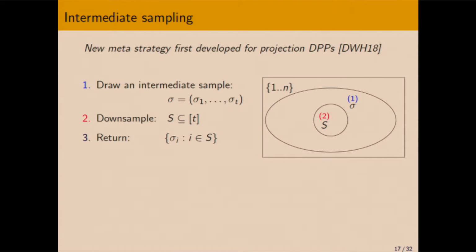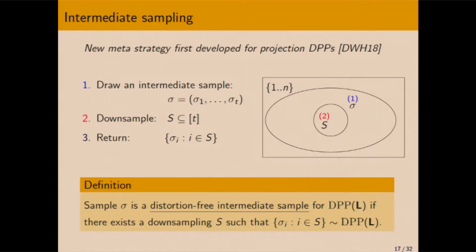And then we're going to sample from that sample, and return only the elements selected at the end. So there's a two-stage process. What we want is that sigma be a distortion-free intermediate sample, which means that in point 2, we have to have a way to sample out of sigma in such a way that the end result, the sigma I for I in S, is distributed according to the original distribution over the whole data set.